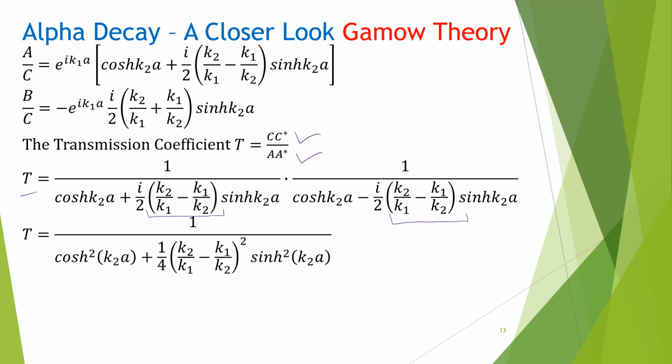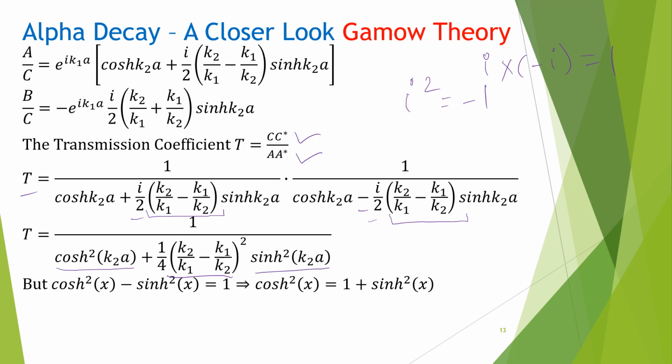There is a similar term we have collected together, and cos square K2A plus 1 by 4 times, so I square will be minus 1, and so minus this, rather I should say I into minus I will be 1 that way, and this 2 into 2 will be 4, and same bracket into sinh square K2A.